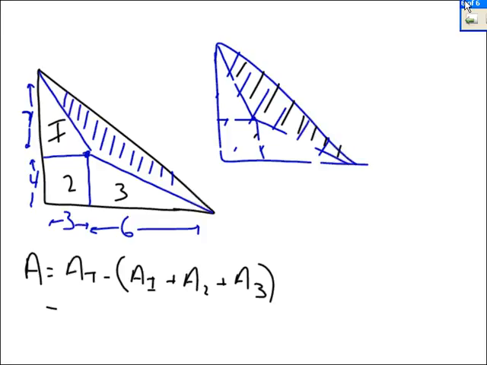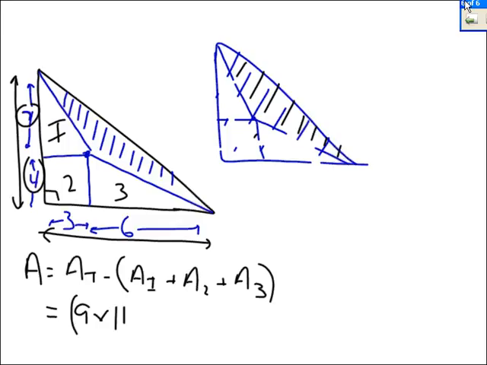Well, what is the area of the big triangle? Well, the base is 9 times, well, I'll give you this as a right angle. So the height is 7 plus 4. It's 11. That is, it's 99.